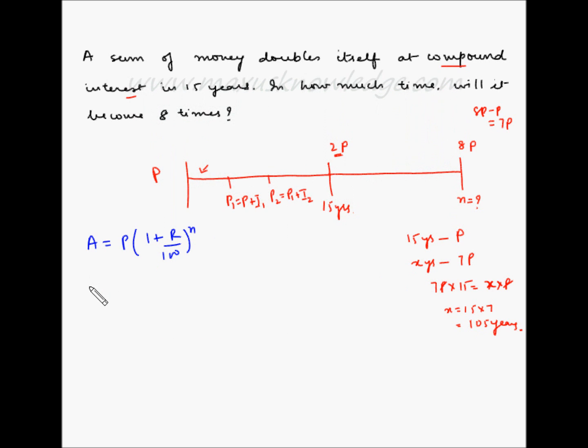So the amount is 2P, which is equal to P multiplied by (1 plus R by 100) to the power n, and n is 15. So P gets cancelled with P. So 2 is equal to (1 plus R by 100) to the power 15. So let's say this is our first equation.